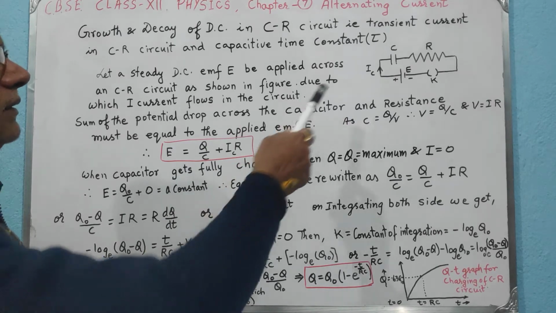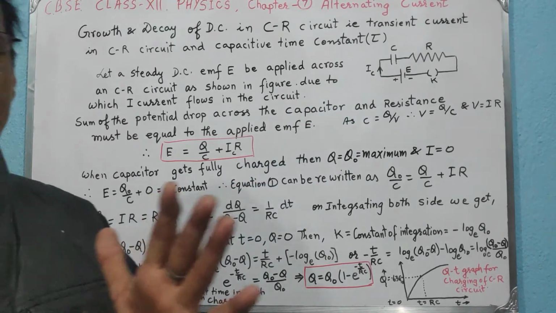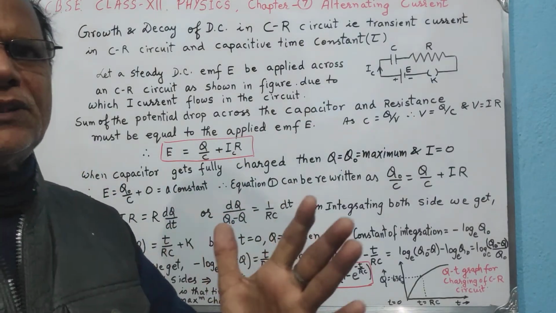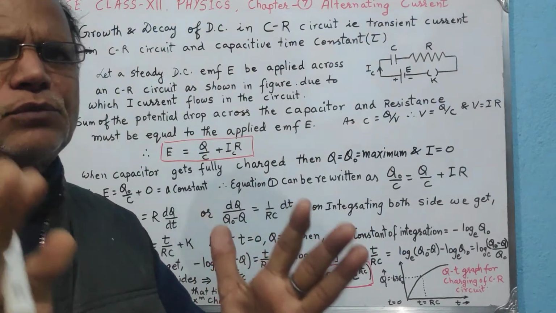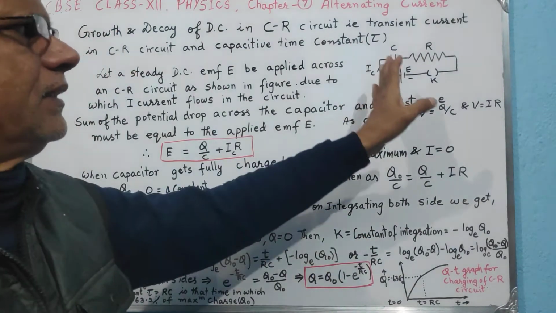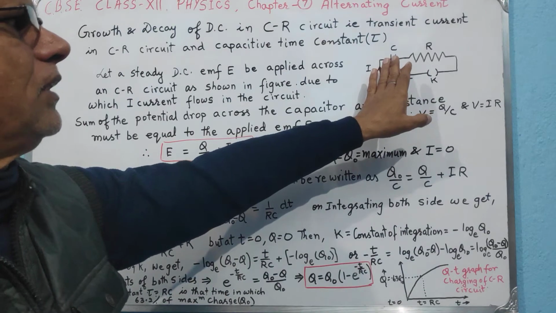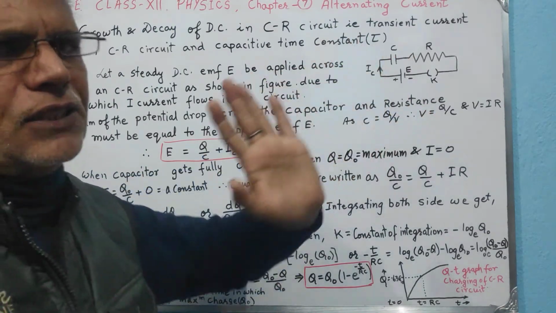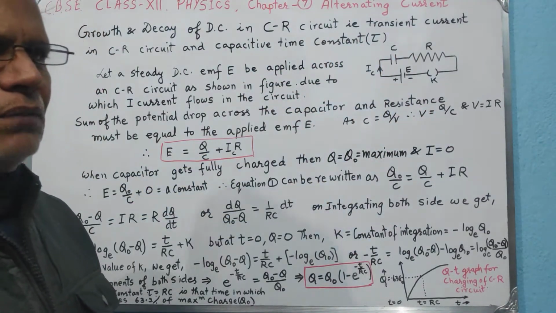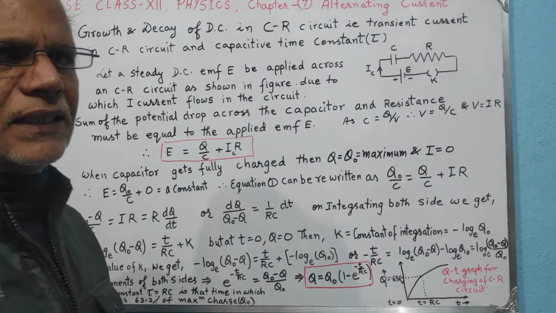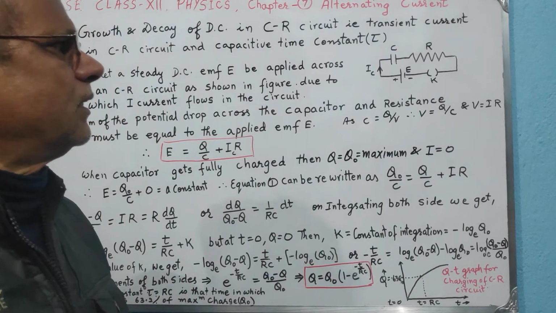When the current starts flowing, due to the flow of current, the charge gets accumulated on the capacitor, and finally the storing of charge on the capacitor saturates. Means now no further charge is getting deposited on the capacitor.